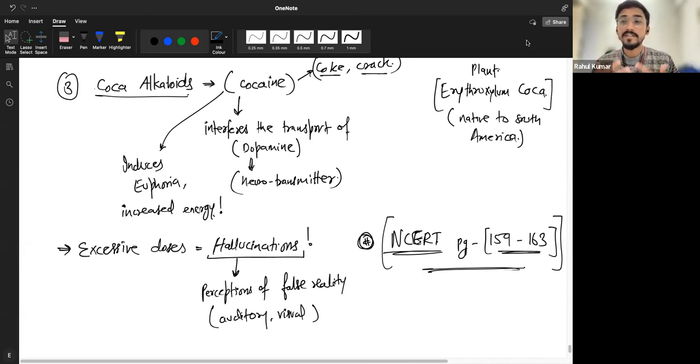That's where dependency starts building, and it goes to a level where if you want to quit, you cannot do it in one go. You get withdrawal symptoms, your brain cannot process. You must have heard smokers say, if you ask why do you smoke cigarettes, or why do you take nicotine, it's because we cannot think without it.